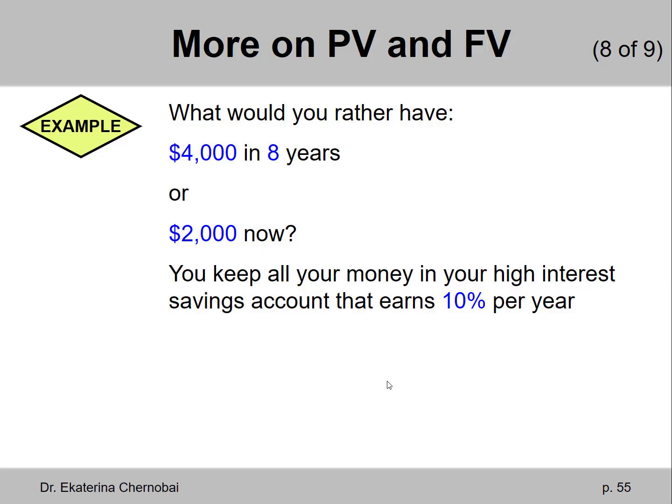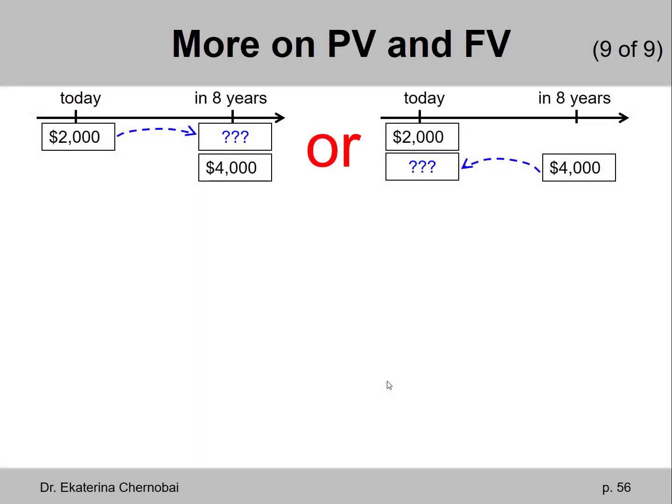Next example. What would you rather have? $4,000 in 8 years or $2,000 now? And you keep all your money in your high interest savings account that earns a 10% interest per year. This problem doesn't tell you clearly what you need to calculate.